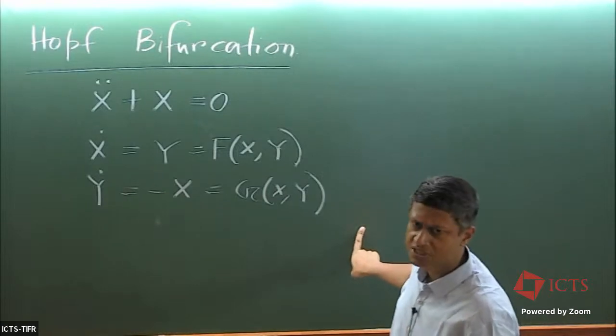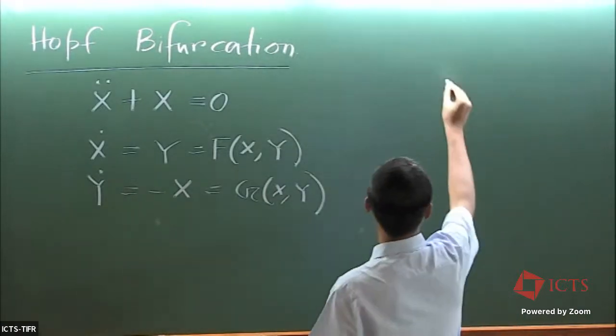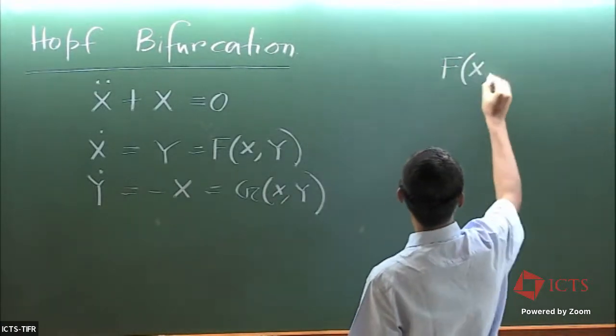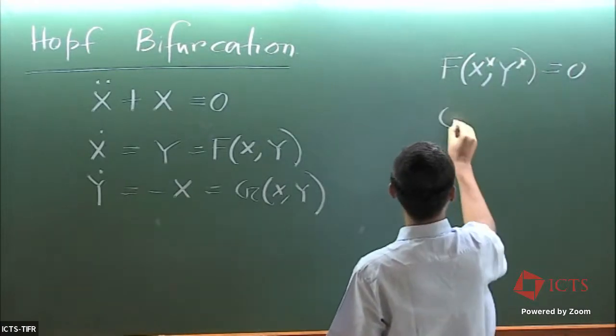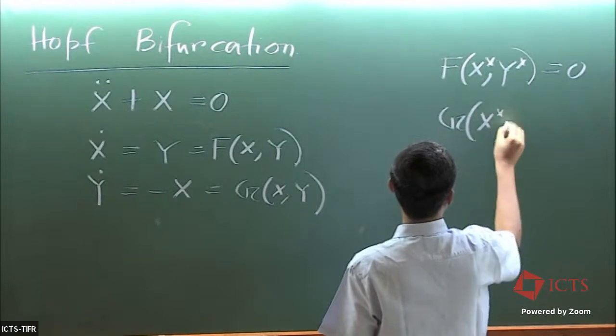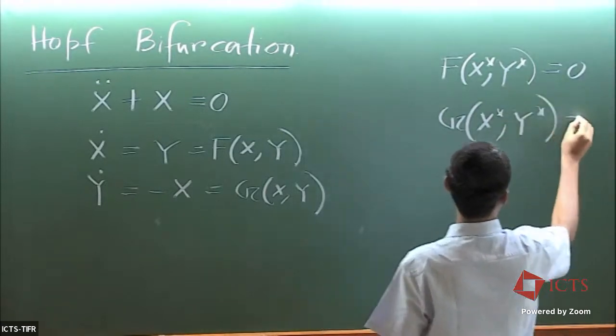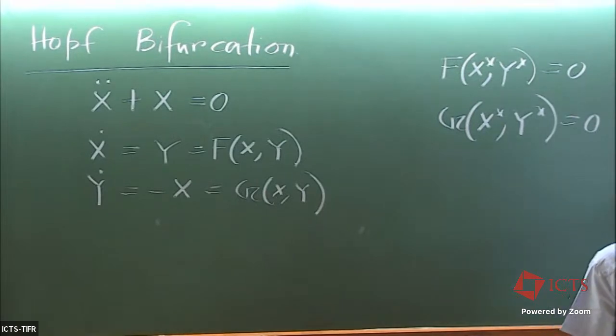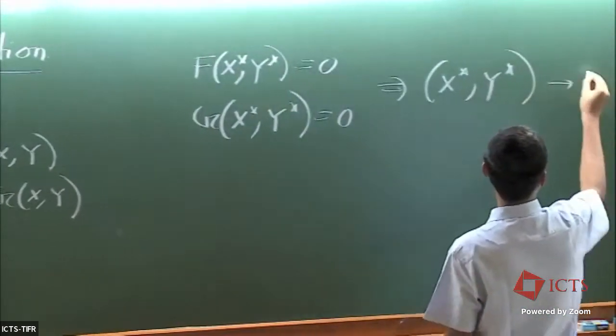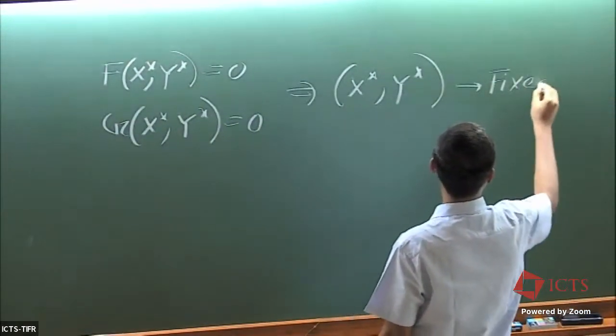Then I can perform the similar linear stability analysis. So I can consider f of x star, y star equals 0, and g of x star, y star equals 0. That will give me my equilibrium point x star, y star, or you can say this fixed point.